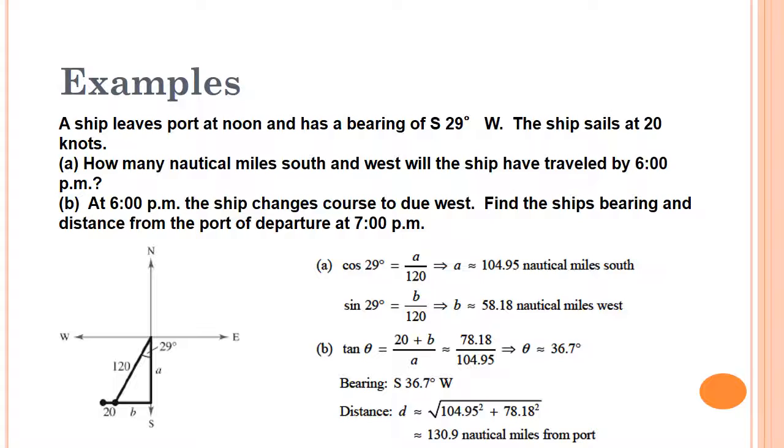So we're going to find the new angle by saying that the tangent of the angle is 78.18 over 104.95, which gives us an angle of 36.7 degrees. So he is at south 36.7 degrees west, and then we can find the distance by using the Pythagorean theorem, and we get 130.9 nautical miles from port.